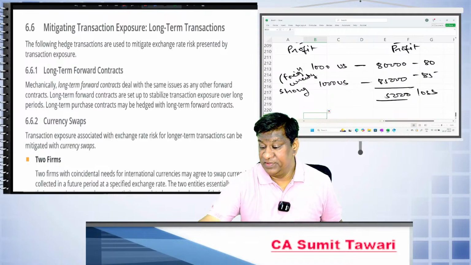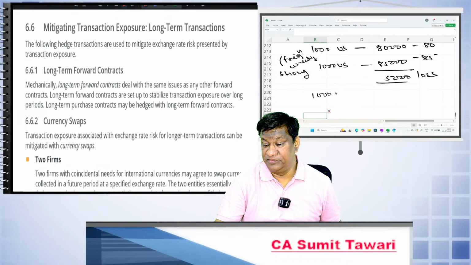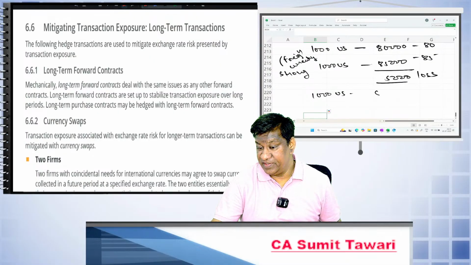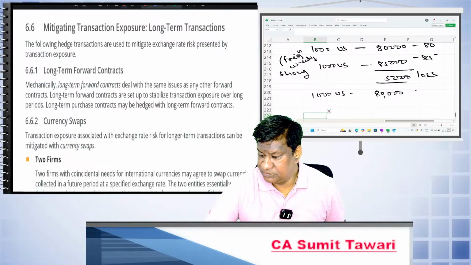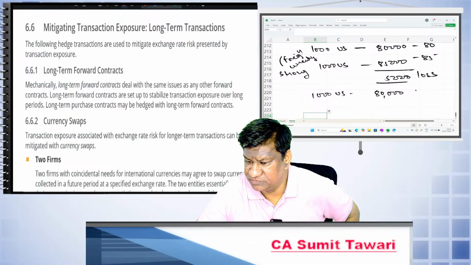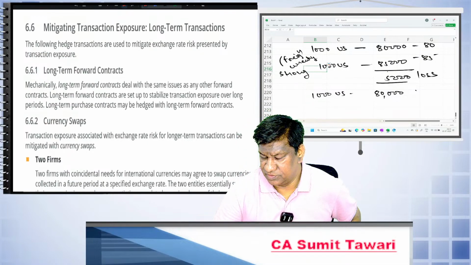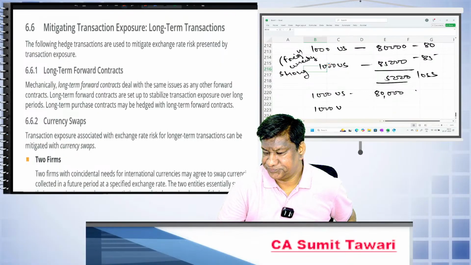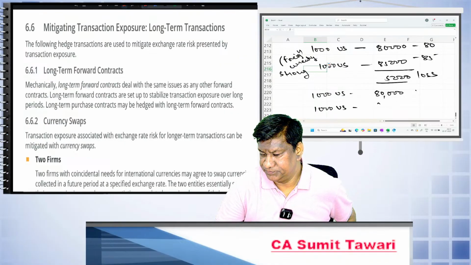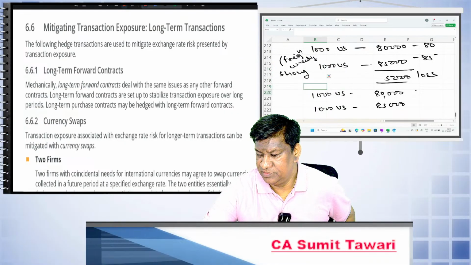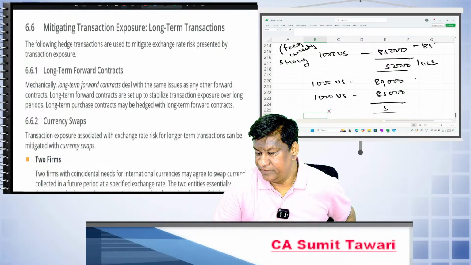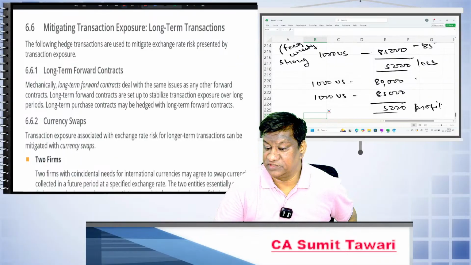In the same way, if I'm getting 1,000 US dollars at an 80 exchange rate, I get 80,000.